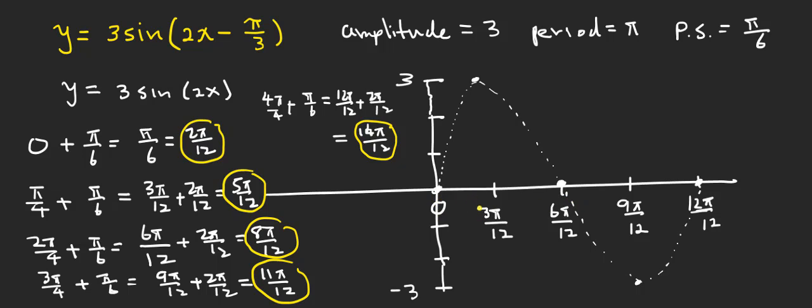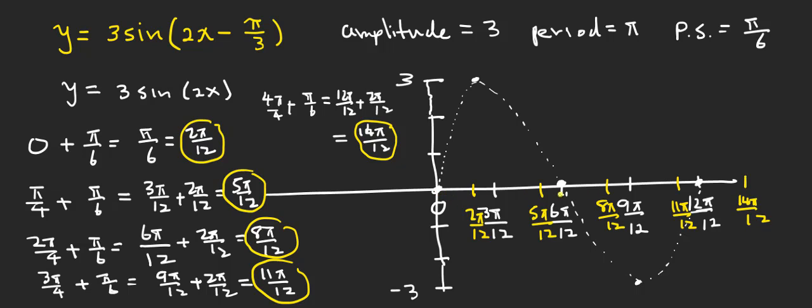So 2 pi over 12 is over here. And then 5 pi over 12 is over here. And then 8 pi over 12 is over here. 11 pi over 12 is over here. And then finally, 14 pi over 12 is approximately over here.